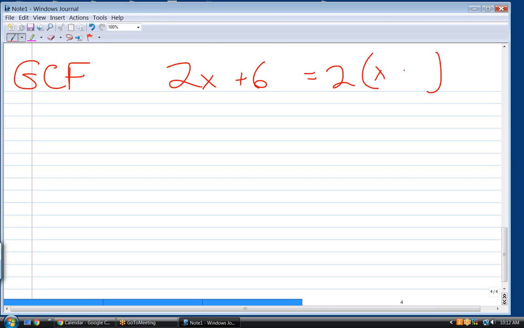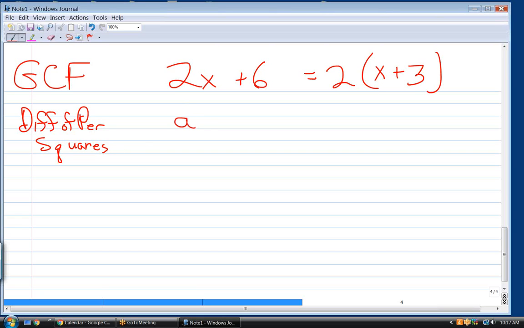X plus 3. Yeah. Okay. That's greatest common factoring. Now we're going to talk about difference of perfect squares. We're just going to go through some methods of factoring, and then you'll be able to factor most anything.